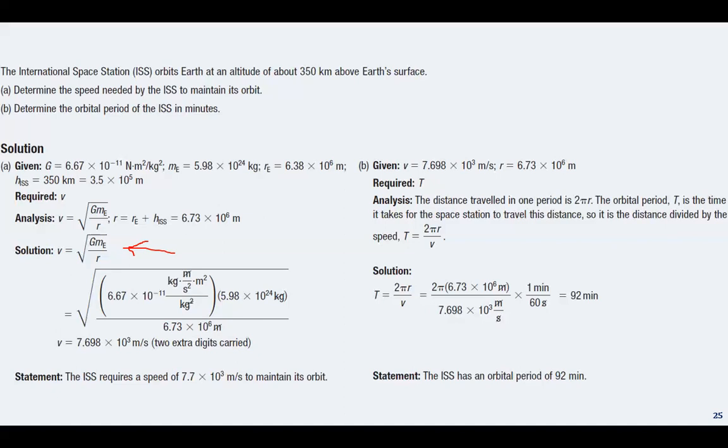We already know v is approximately 7.7 times 10 cubed meters per second, right? And put 2 pi r there. That'll give us the orbital period of the ISS, which is approximately 92 minutes. Okay, any questions?